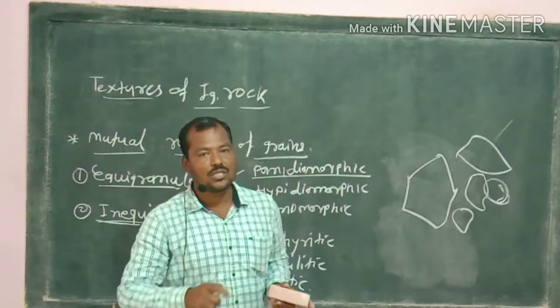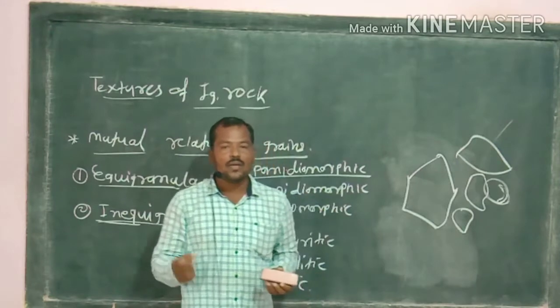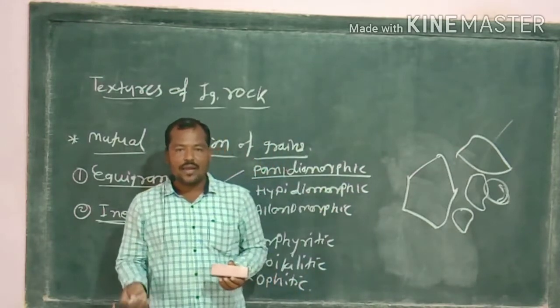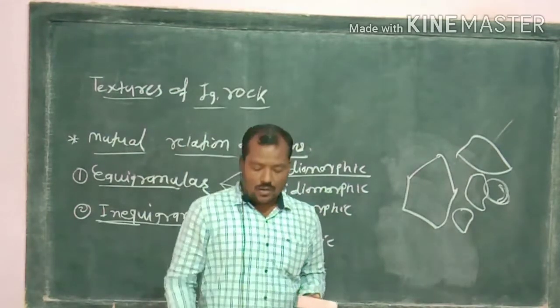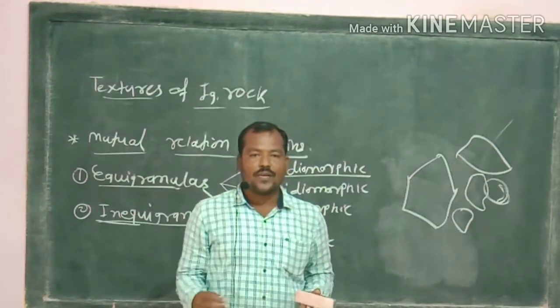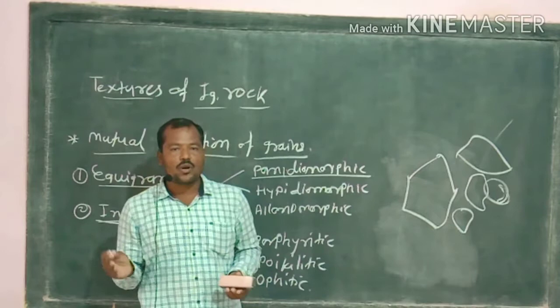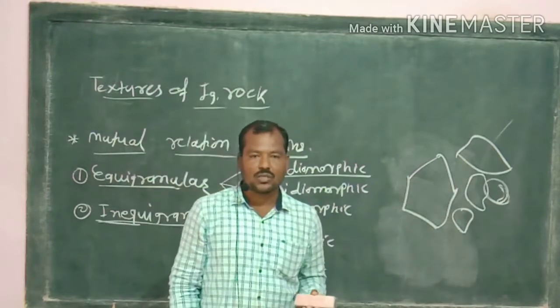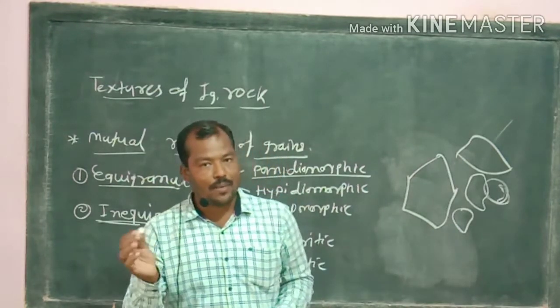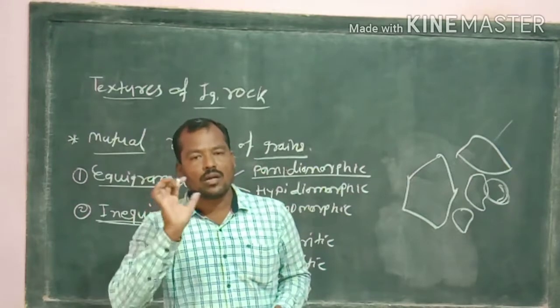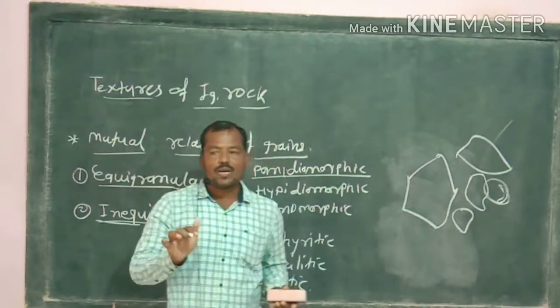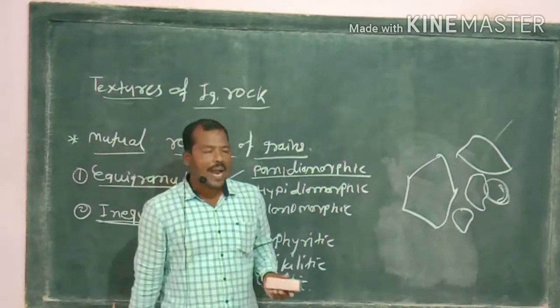That large crystal is nothing but phenocryst. Near the earth surface, the cooling magmatic material forms a ground mass. That ground mass is nothing but matrix.